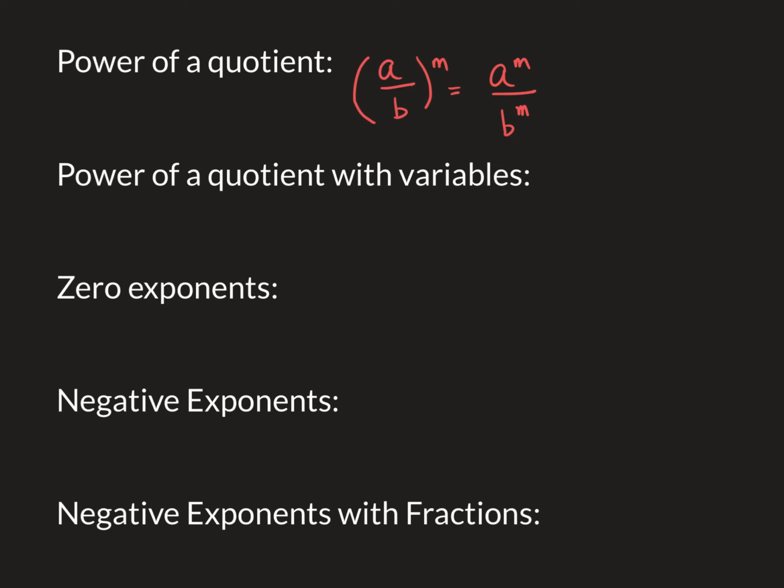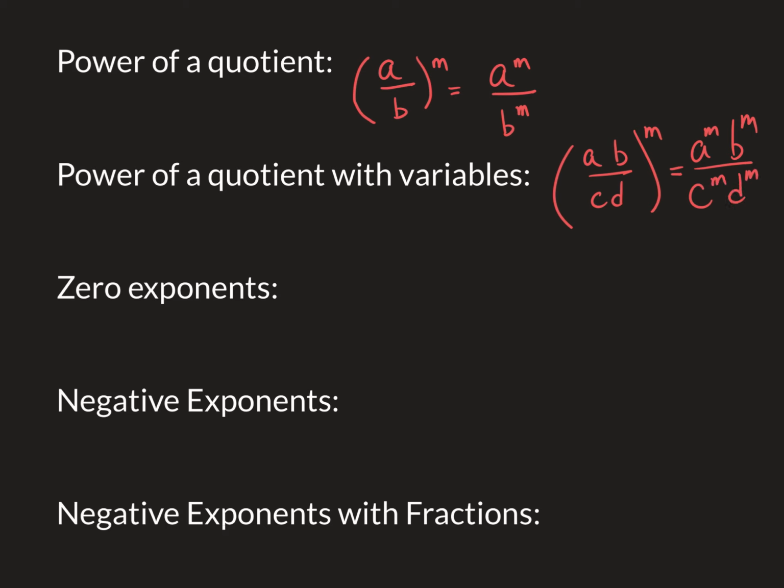That just means that you're going to have more than one base, like A, B, C, D, and they're going to be raised to a power, and you just raise each of those to that power, and then you simplify.